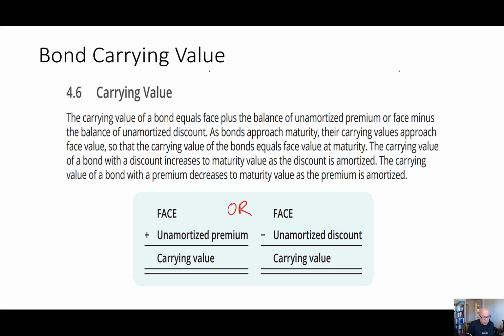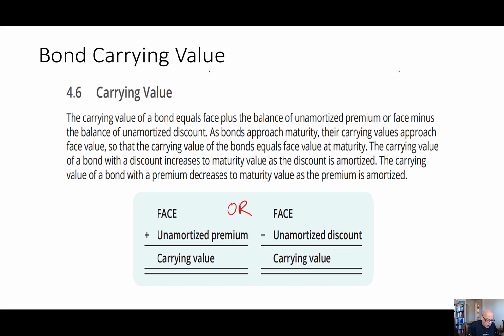And then, of course, just remember, as we amortize the discount, carrying value goes up. As we amortize the premium, carrying value comes down from above face to below face for the premium, from above face down to face. For the discount, from less than face to the face amount.